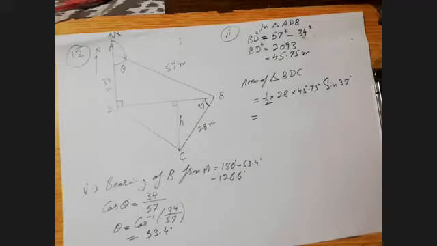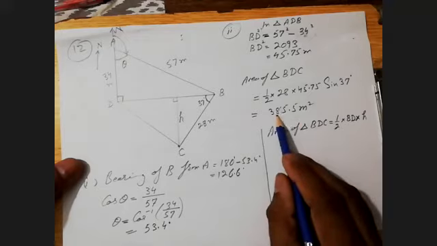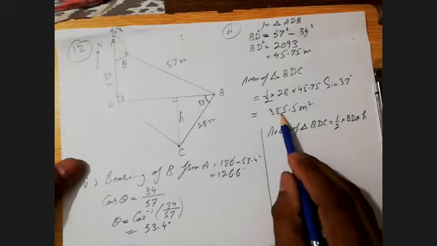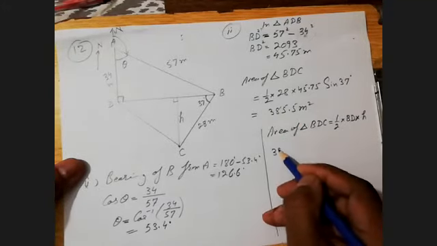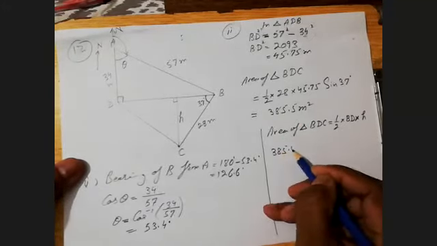Now this BD side will be taken as base, and the height is required. This was the required part. Now this area is already calculated, which is 385.5.